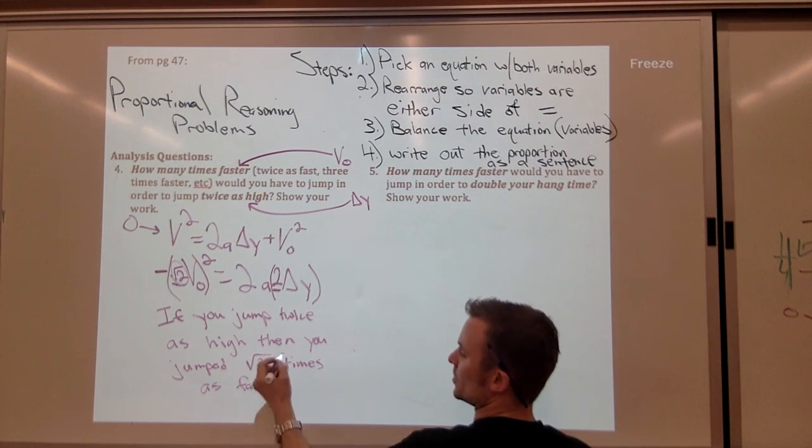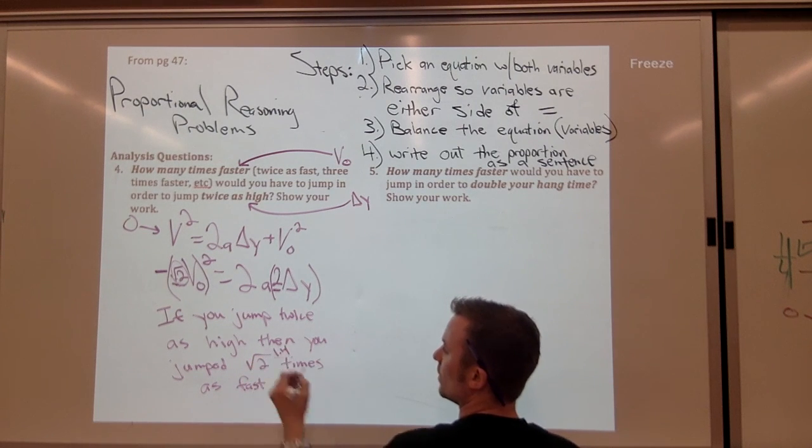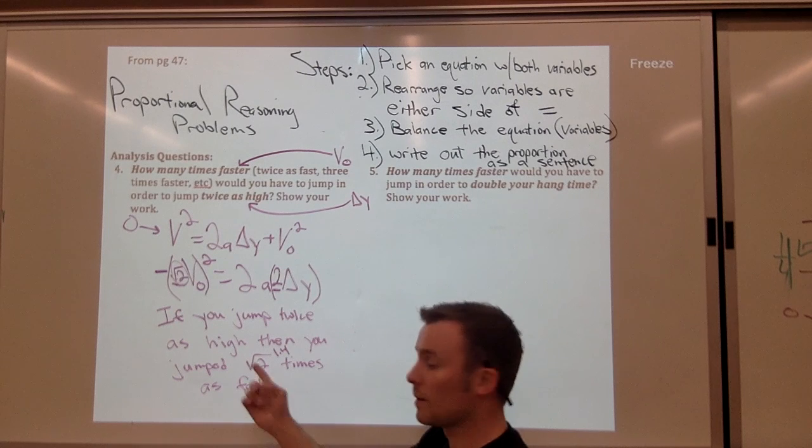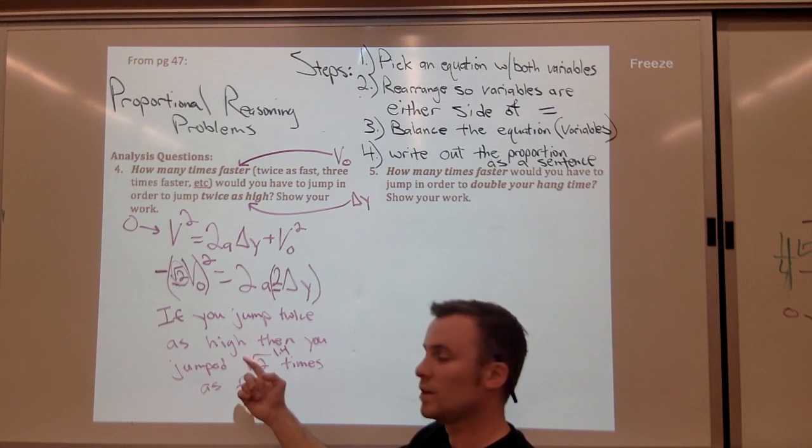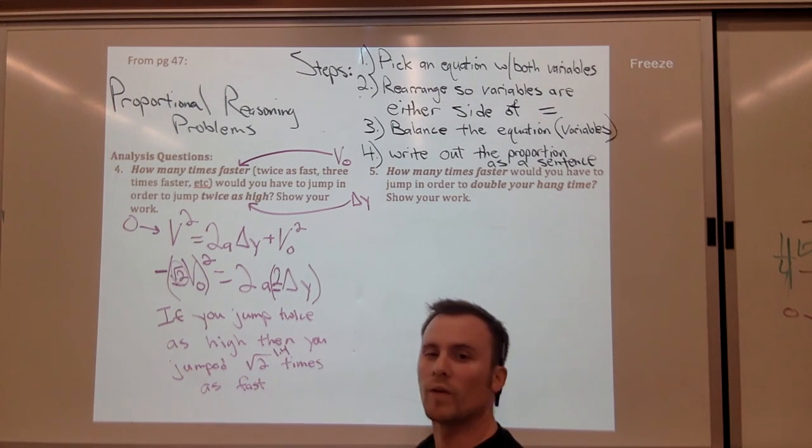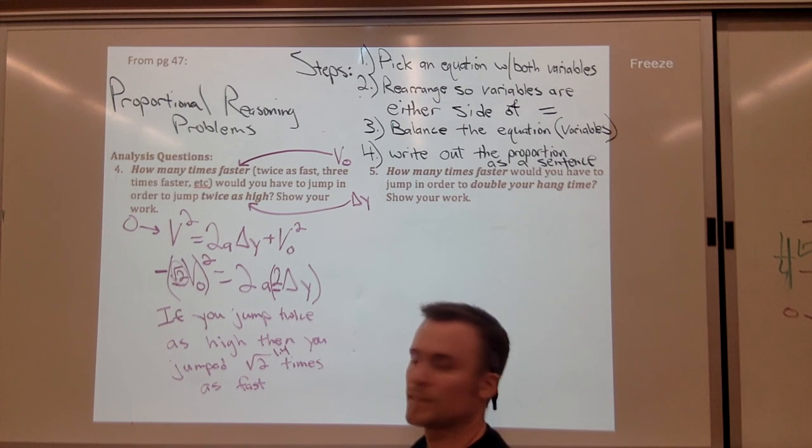Or if you like just numbers, root 2 is about 1.4. So in other words, to double your height when you jump, you'd have to jump about 1.4 times as fast. And that's the solution for that problem.